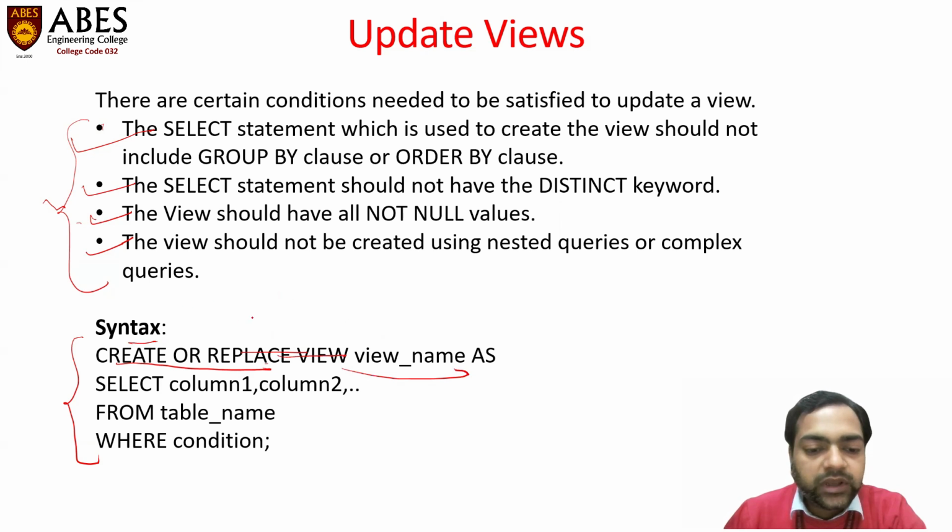It means that it will create a view with this view name if the name does not exist previously, or if it exists previously, then it will replace your view with the updated virtual table. Then as select column name 1, column name 2, up to column name n, however many columns you want to add in your view, from table name, and after that you provide the where condition, right?